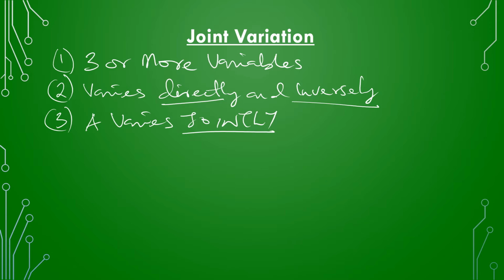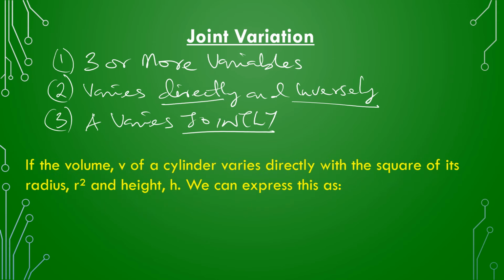Now, let's take an example. If the volume V of a cylinder varies directly with the square of its radius, r square, and height h, we can express this as, they said the volume V varies directly as the square of its radius, and also the height.